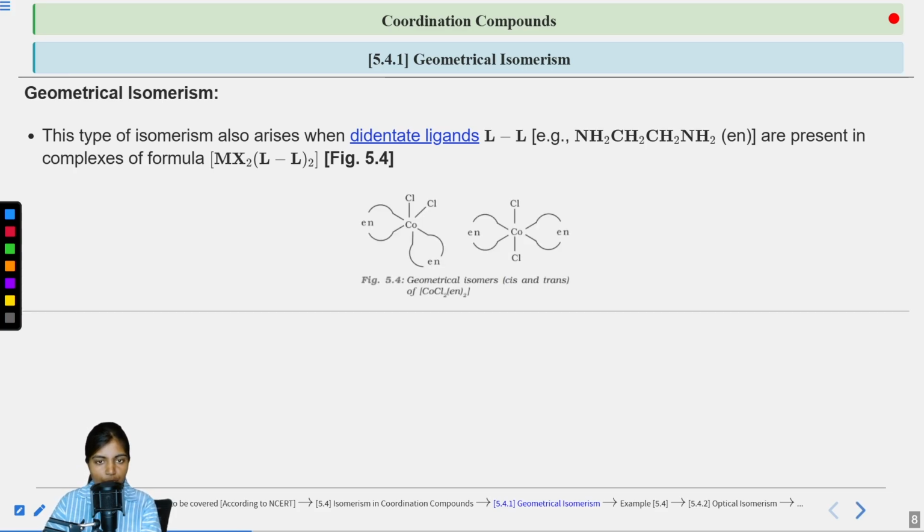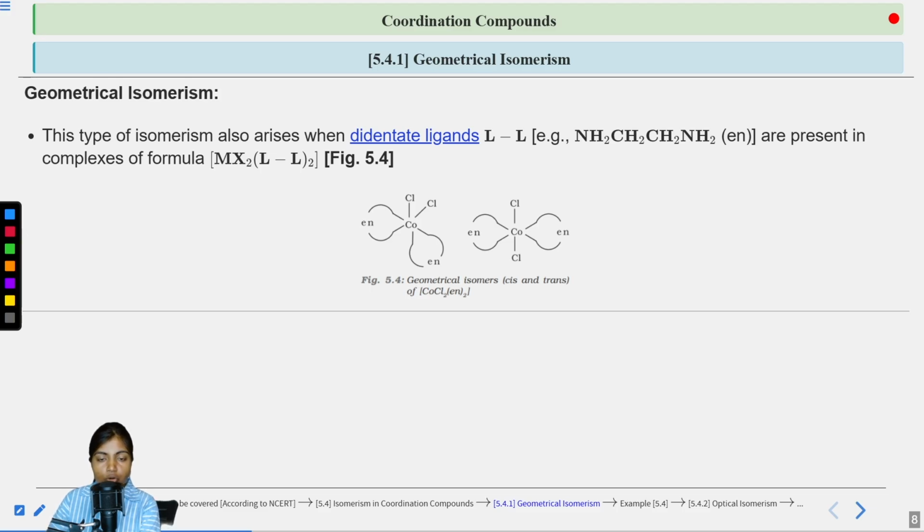We can see this in figure 5.4, where the geometrical isomers in the cis and trans form for the cobalt Cl2(en)2 are given, where chlorine is a unidentate ligand, meanwhile en is a didentate ligand. How can we arrange that? Cobalt is the central metal, so it is present here in the center. Two chlorines are placed adjacent to each other, and two en molecules of didentate ligand are placed adjacent to each other, forming the cis form.